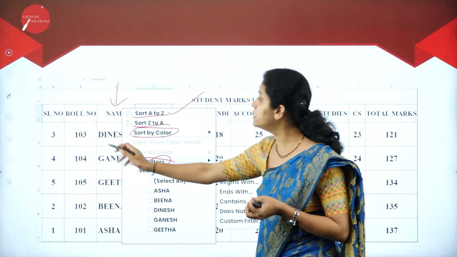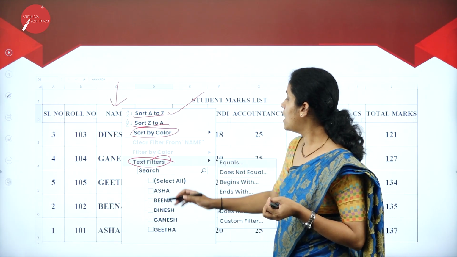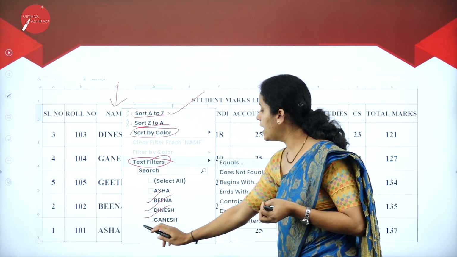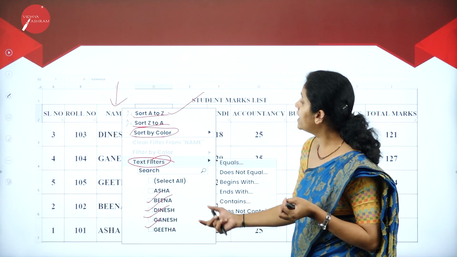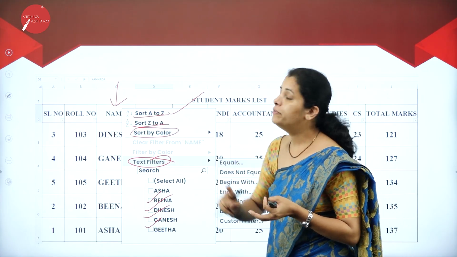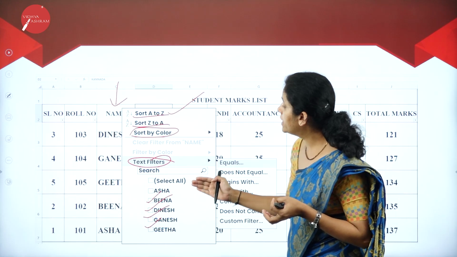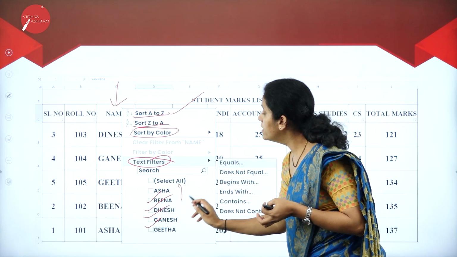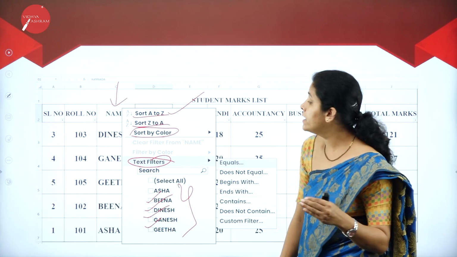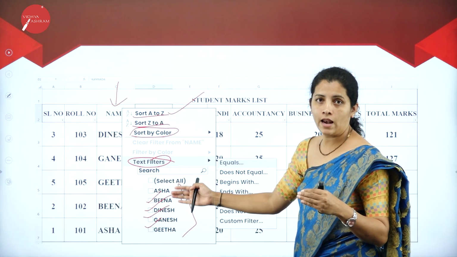So here what are the names I'm going to have? That is Asha, Beena, then Dinesh, Ganesh and Geeta. So when I apply filters on the field name, I'm going to get the list. Here all the names are arranged or aligned in the form of alphabets.